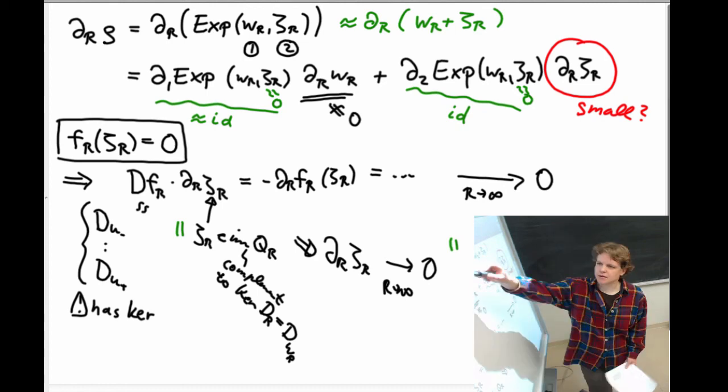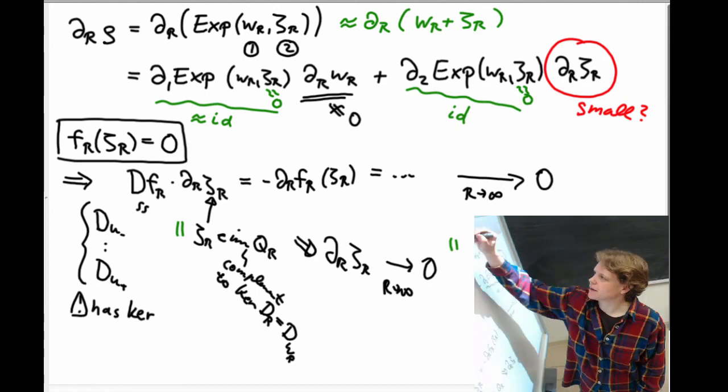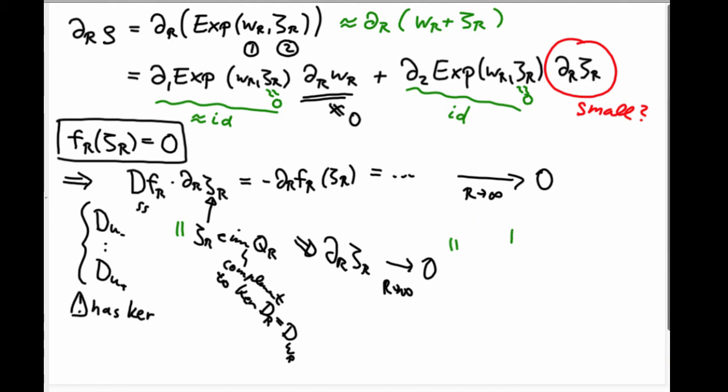Well, because we do have an estimate that says zeta is less or equal to some constant d r zeta whenever zeta is in the image of the right inverse.